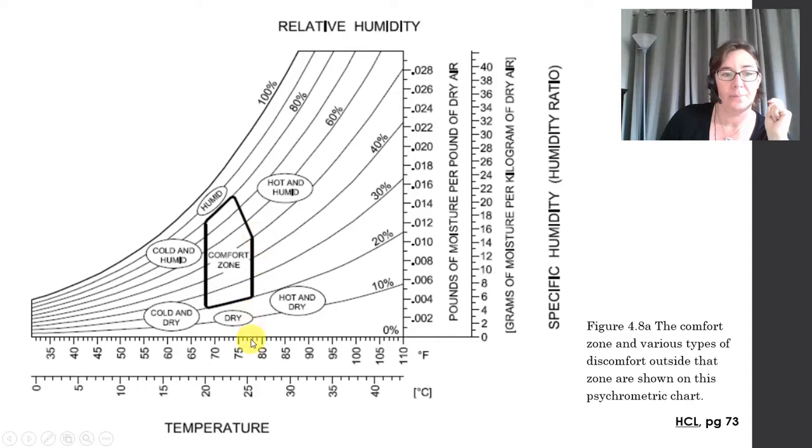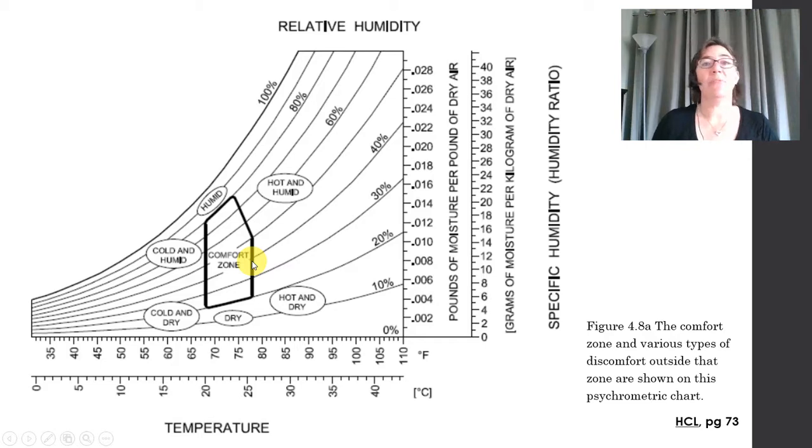So that's right here. Notice that as you get up in the hot and humid, your capacity to enjoy the heat kind of diminishes. So there's a little bit of an angle here. All right. But in general, between 68 and 78 degrees.